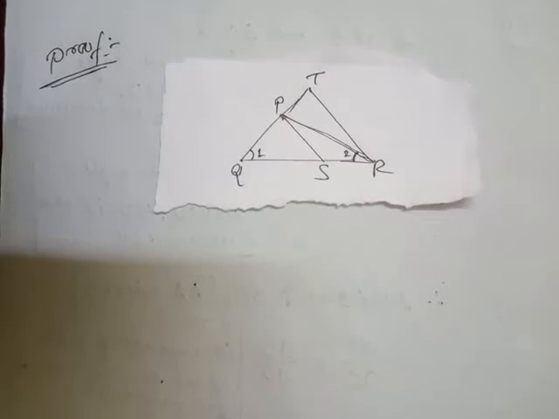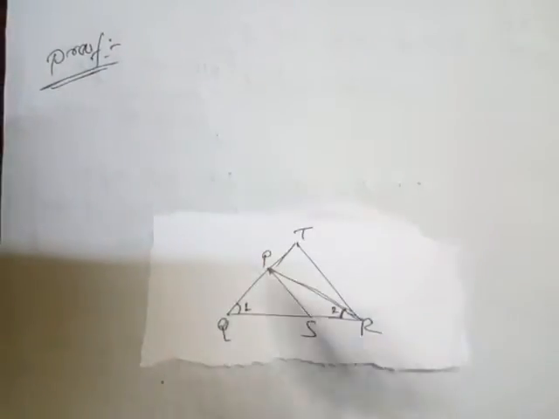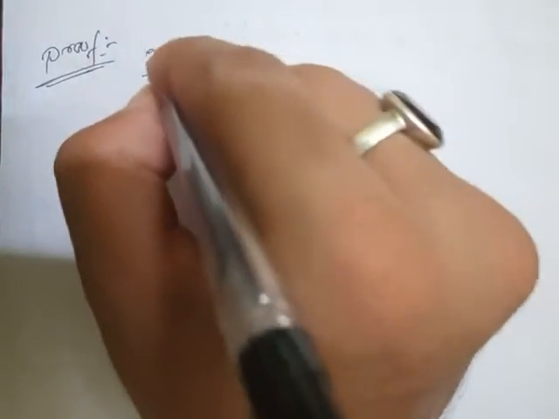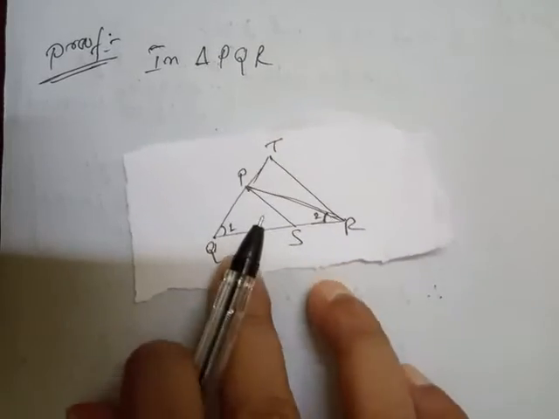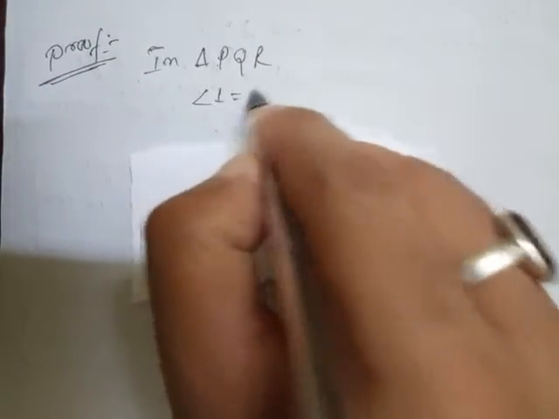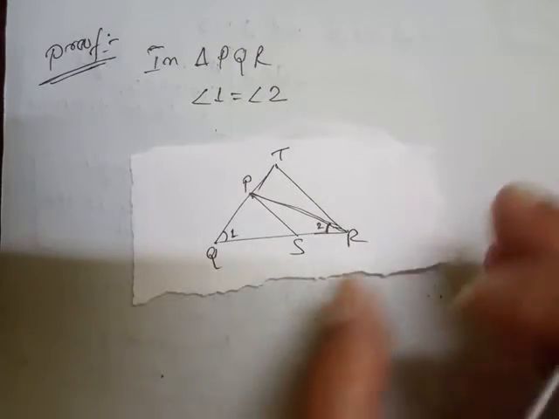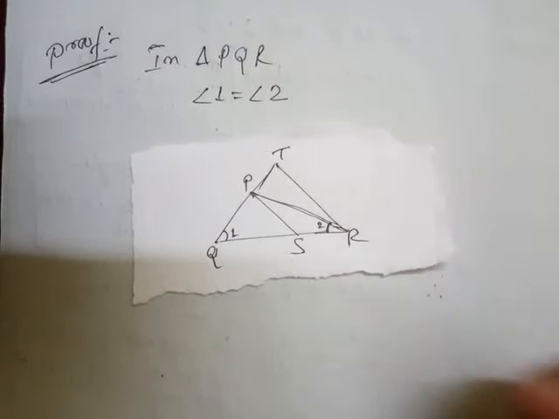So first of all I will write: in triangle PQR, angle 1 equals angle 2. If angle 1 equals angle 2, then angle Q is equal to angle R.